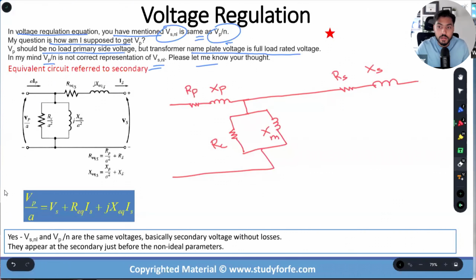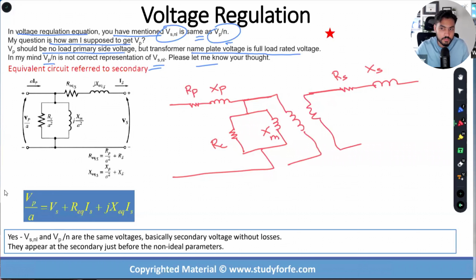Now, if you look at the intermediate step, we actually show an ideal transformer here. You guys remember that?